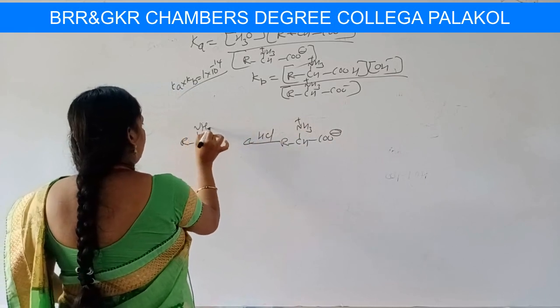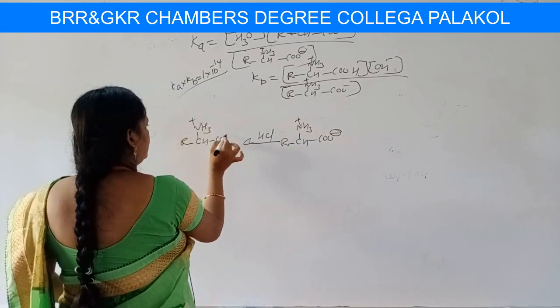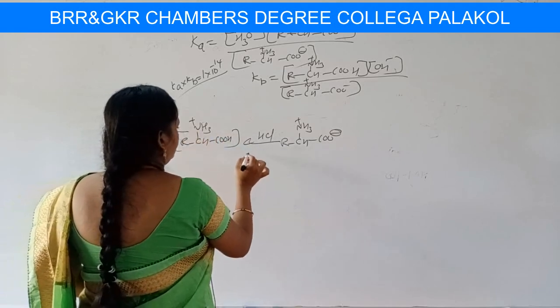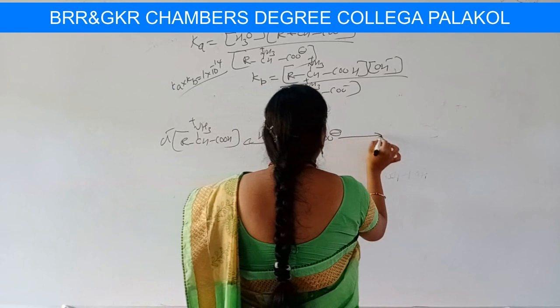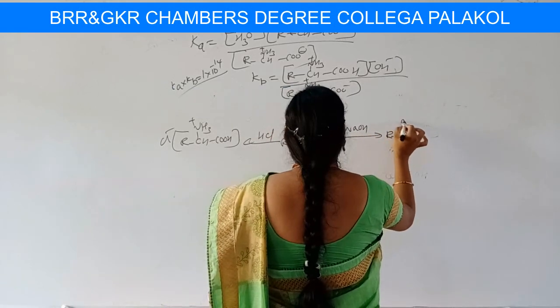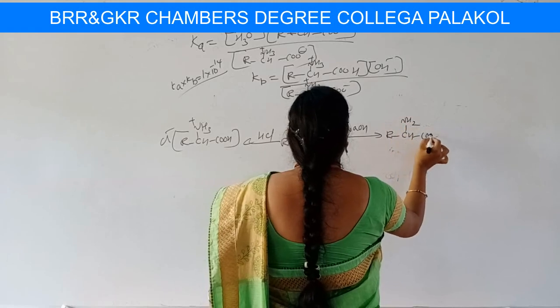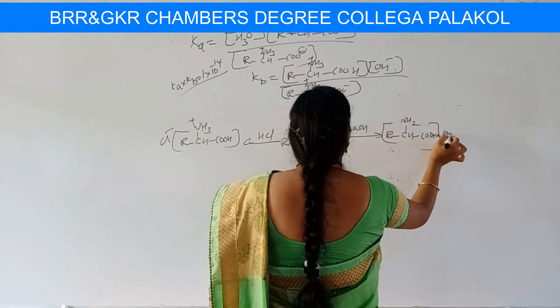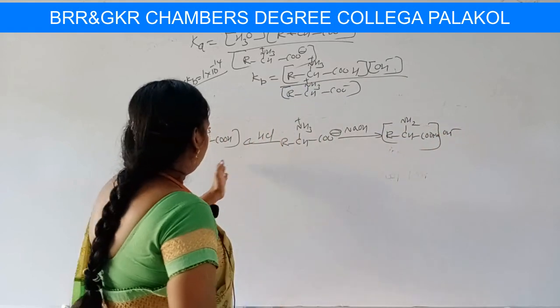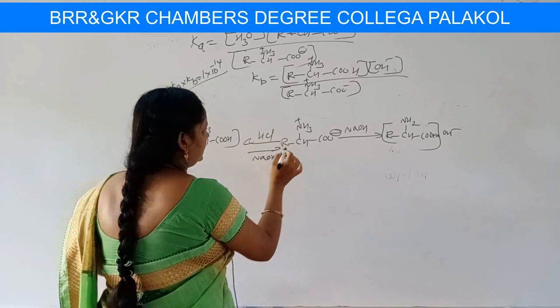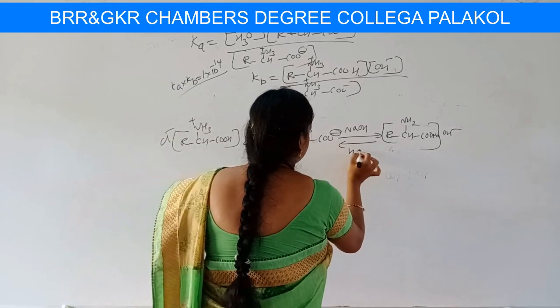RCH NH3+ COOH and Cl minus. Here if you add NaOH, what happens? RCH NH2 COONa. Here it may be reversed by adding NaOH. Here it may be reversed by adding HCl.